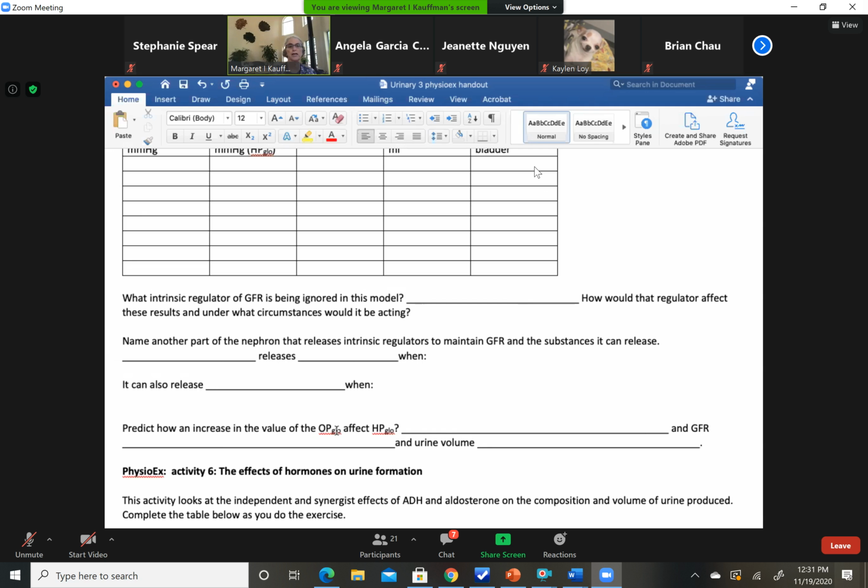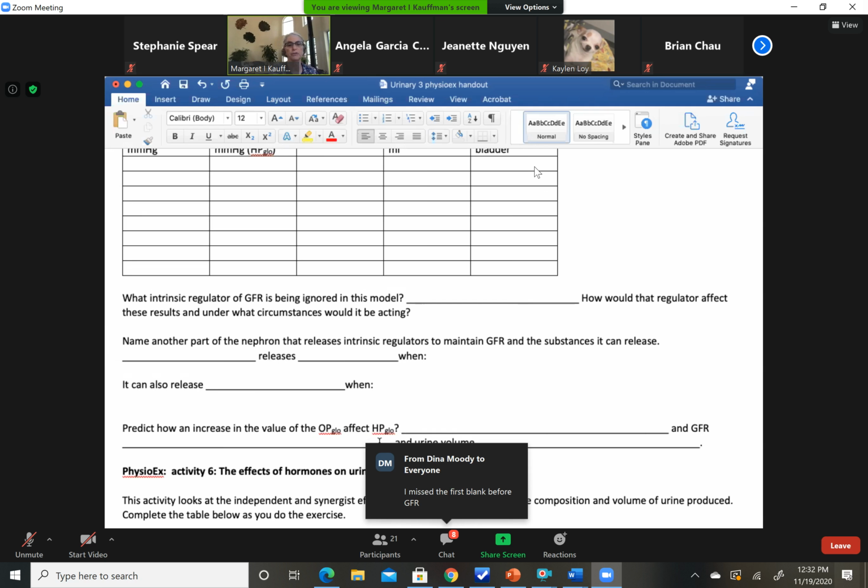Ultimately, though, that means your blood volume would begin to increase because you're not losing as much fluid. So ultimately, HP glomerulus tends to go up in response to that.